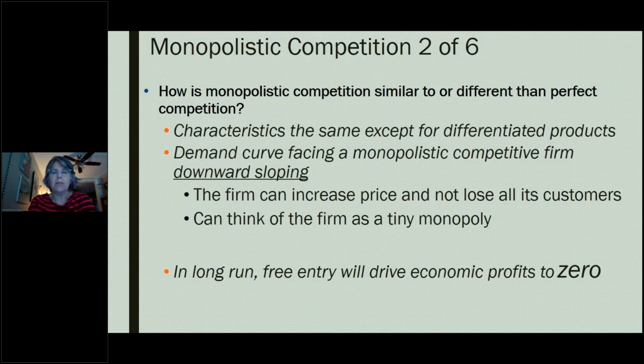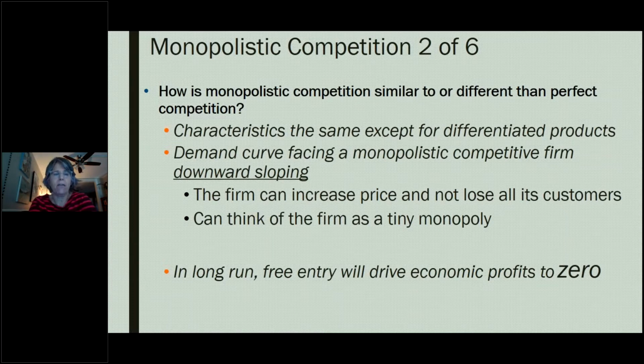So how are they similar or not to perfect competition? Remember, their structure is more like competition than it is like monopolies. The only thing that's really truly different is that they have a differentiated product. And because they have a differentiated product, they have a downward sloping demand curve, which is very different from perfect competition.